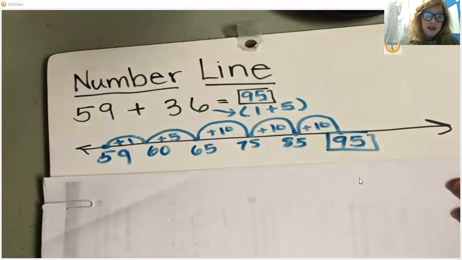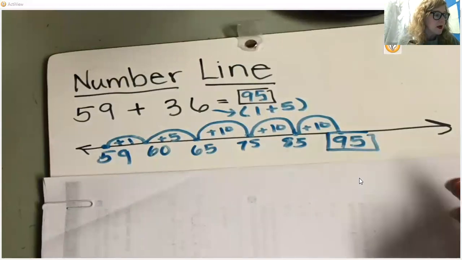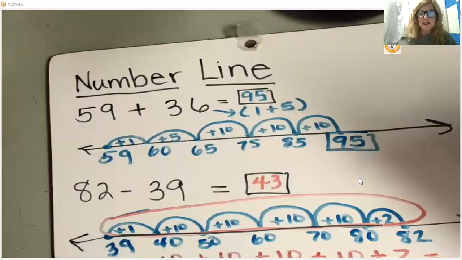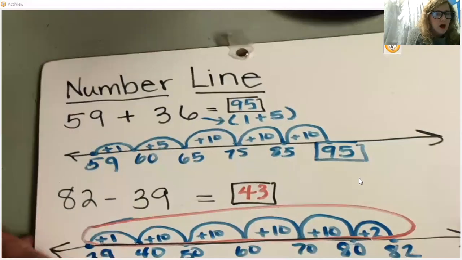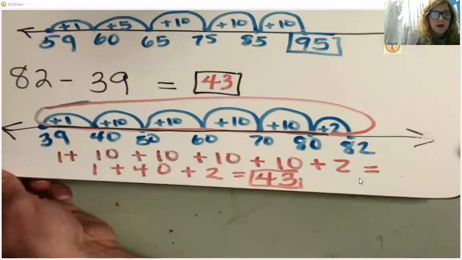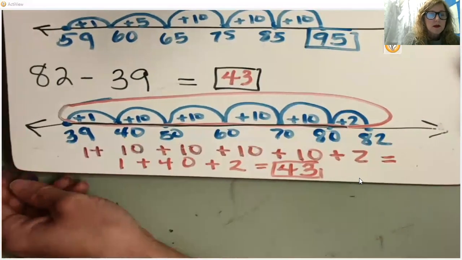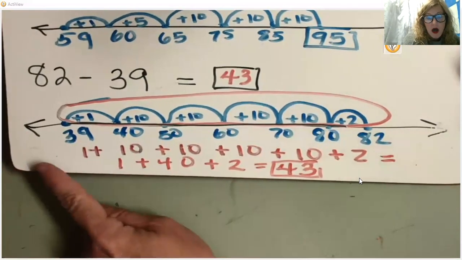As I said, you may have done it differently, but you need to end up on 95. That's the goal. Okay, so let's look at the subtraction problem. I'm going to move it up here. In the subtraction problem, I decided to count up.